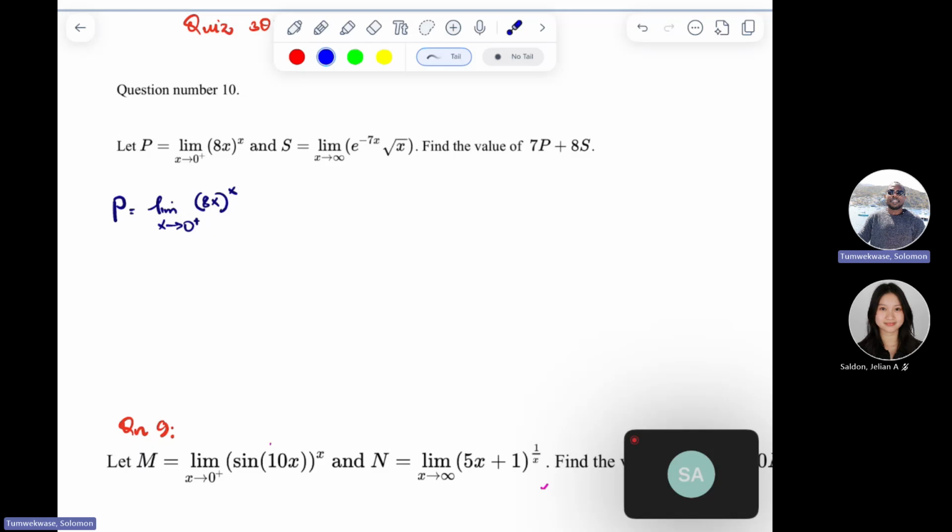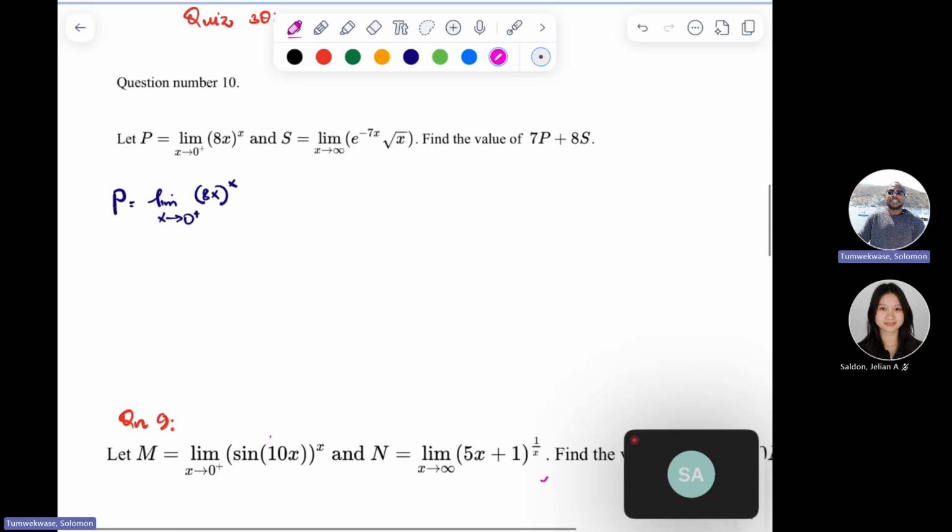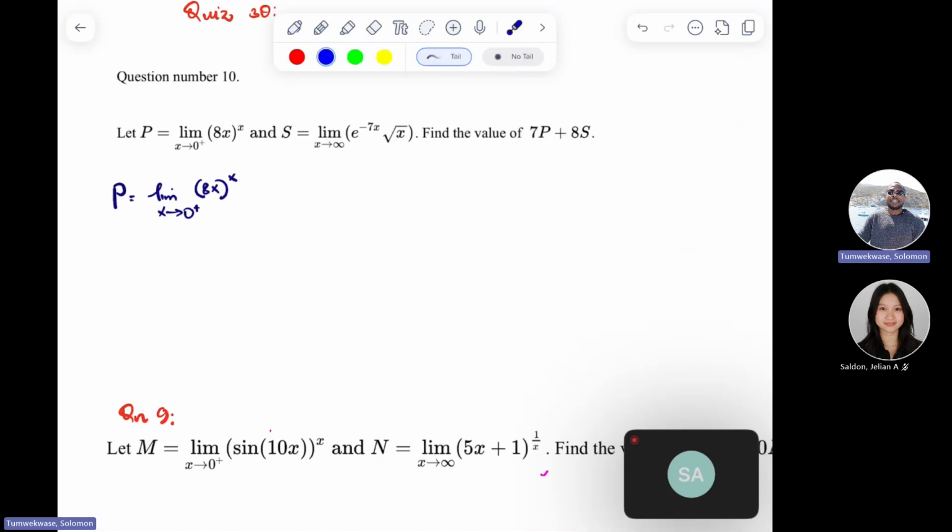This is what I was saying: if I try to take this limit directly, I would have 0 to the power 0. So another form can be 0 to the power 0, and this is where I need to use the natural logarithm trick.